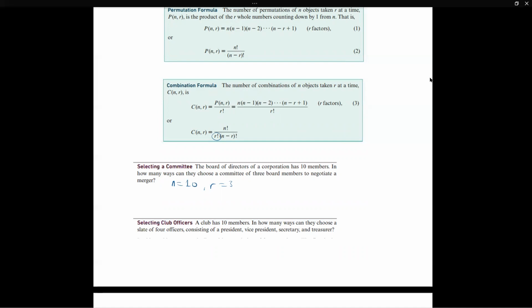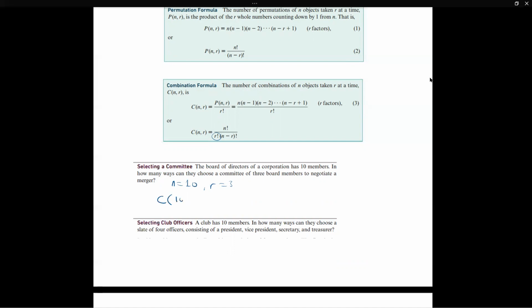Here there is no mention of order. You have 10 and we need to take 3 out of those 10, so there is no specific order. So what do you think we should use? It should be the second one, which is the combination.